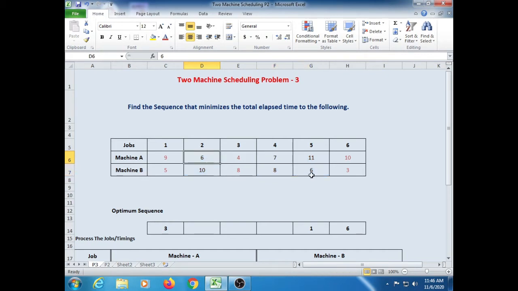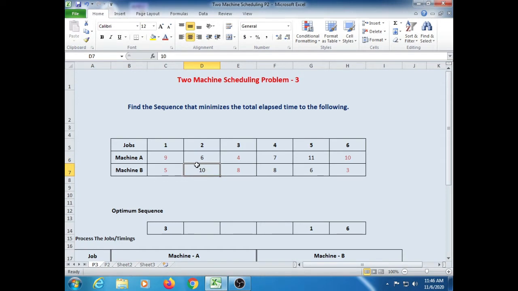We just have to check the corresponding value of that processing time. Here we have machine A with 6 processing time. The other machine's processing time, how much is it? That processing time is 10.